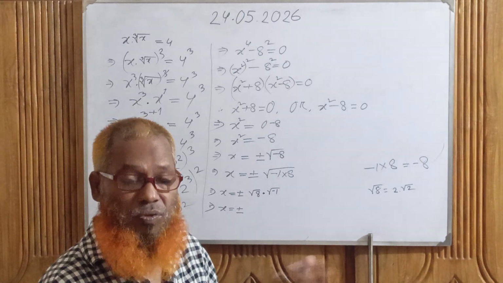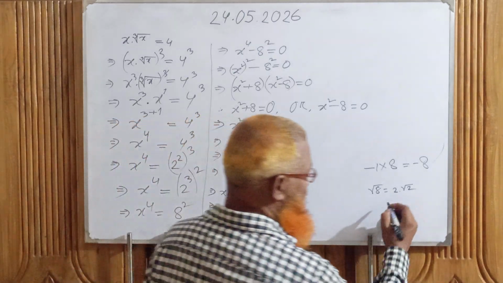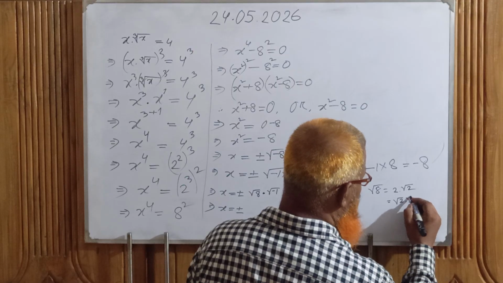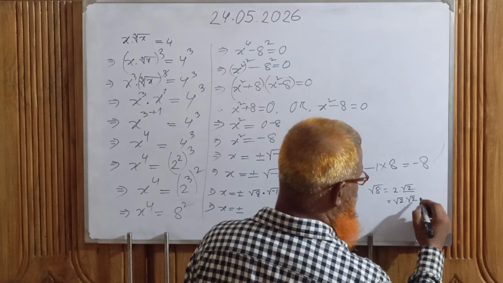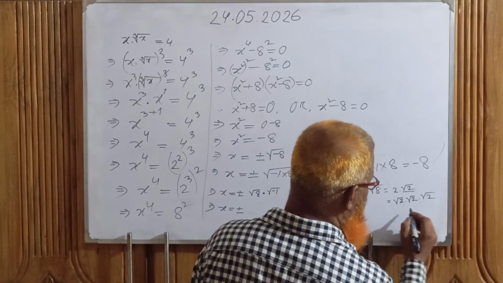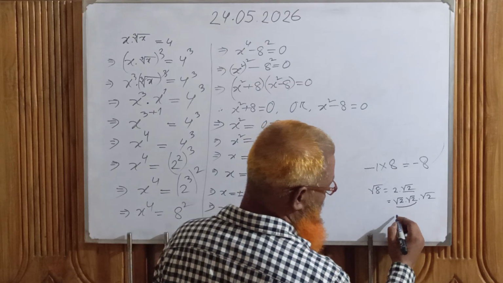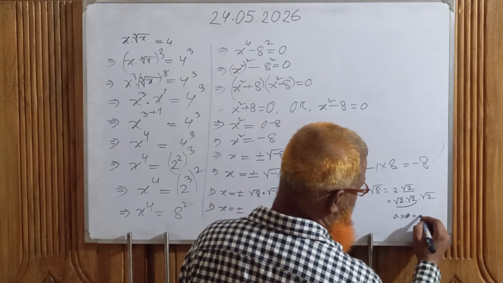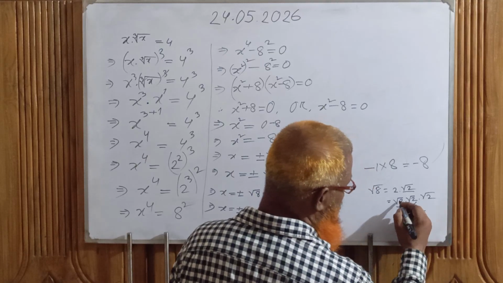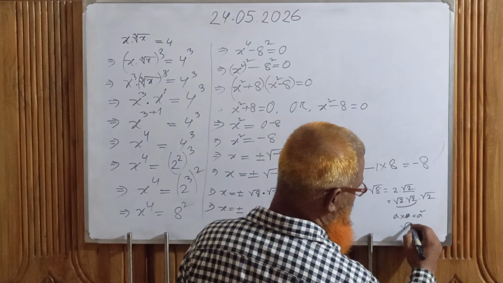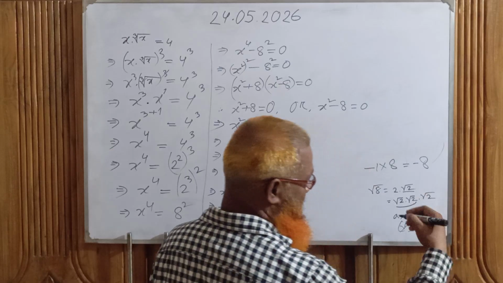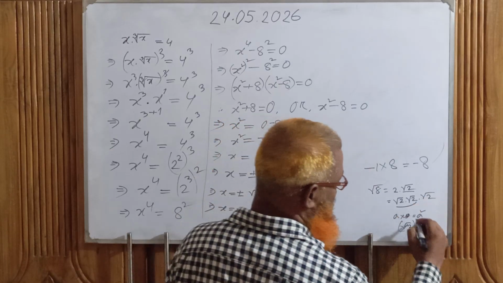How is it possible? We write root 2 into root 2, and a into a equals a square. So root 2 into root 2 equals root 2 square, and the root and square are cut and only 2 remains.